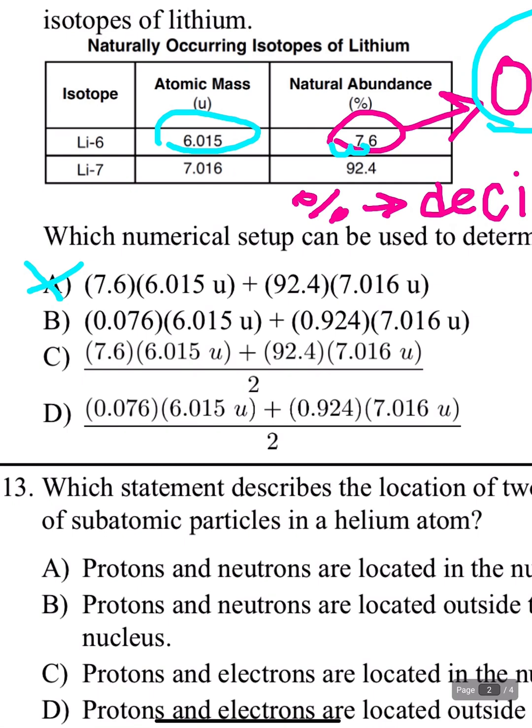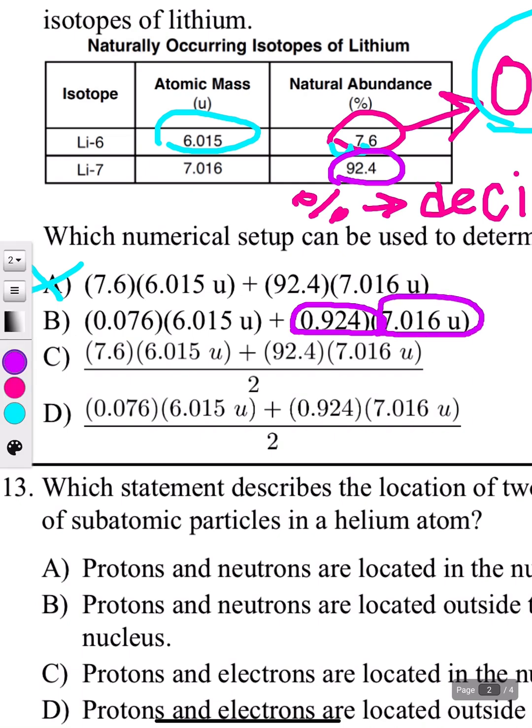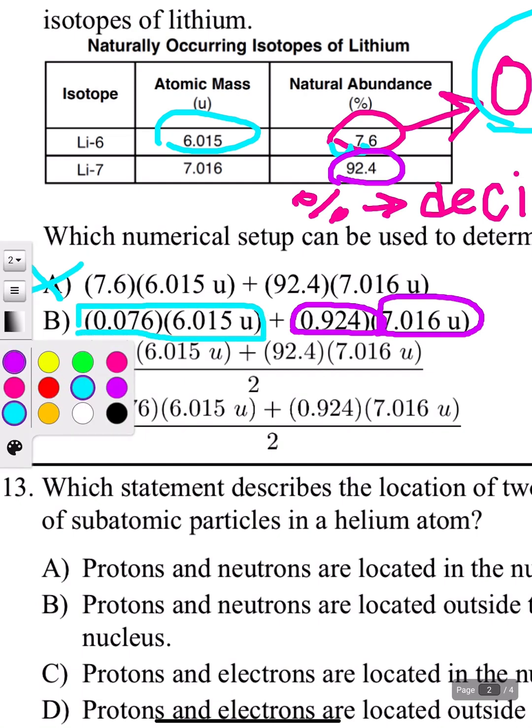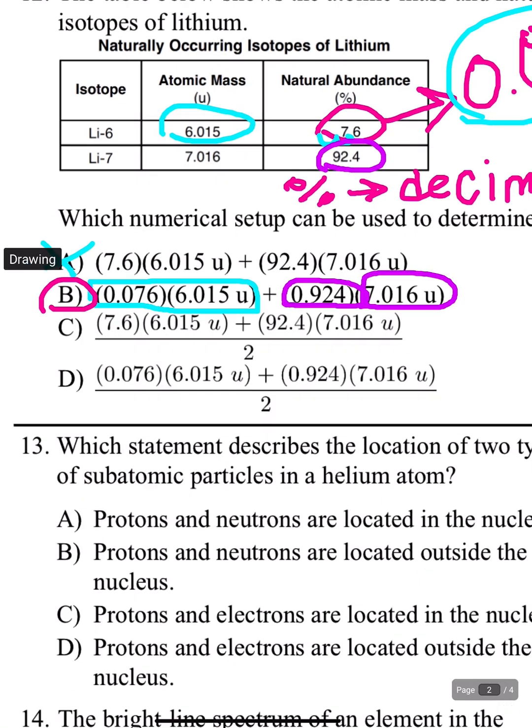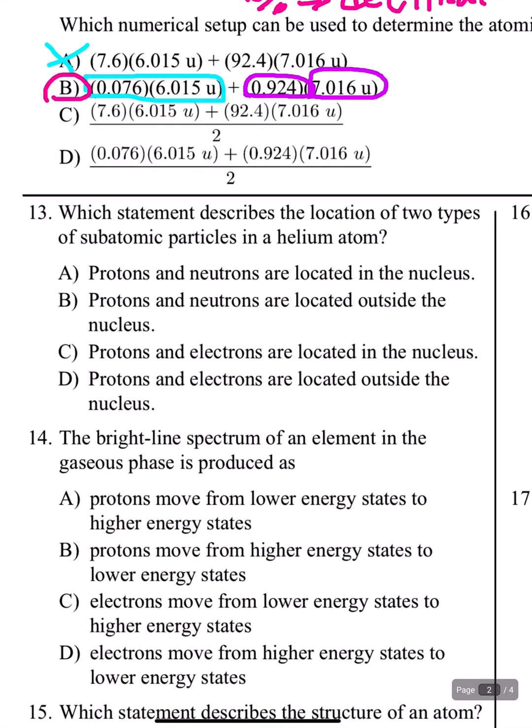So converted the 92.4% into a decimal, that is there, check. Multiplied it by the mass as is, check. And that is my answer. Matches. So this is it. B. Number 13.